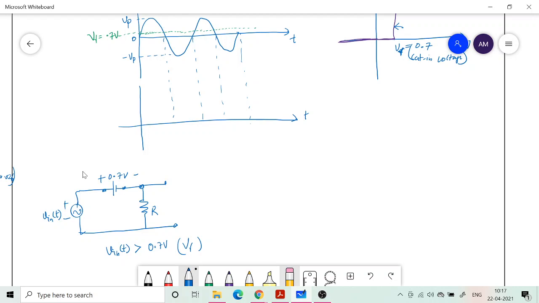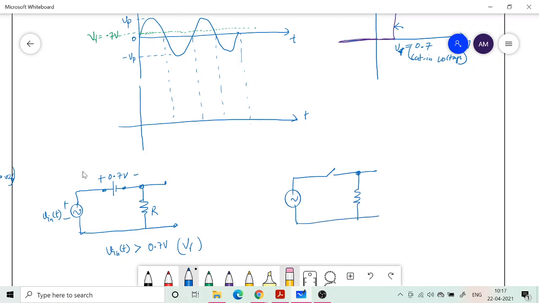Whenever the positive voltage crosses this green dotted line, only then this equivalent circuit is valid. Otherwise, whenever this condition, V in of t greater than 0.7 volt, is not satisfied, the equivalent circuit is given by an open circuit.